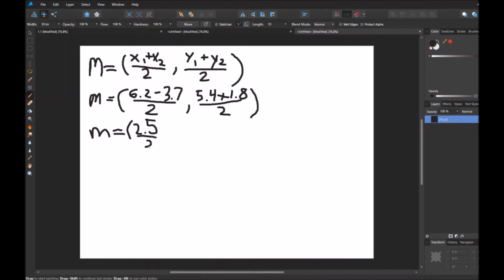And that's going to be over 2, comma 5.4 plus 1.8 is 7.2. Over 2. So 2.5 over 2 is 1.25. And then 7.2 over 2 is 3.6. So that would be your midpoint.